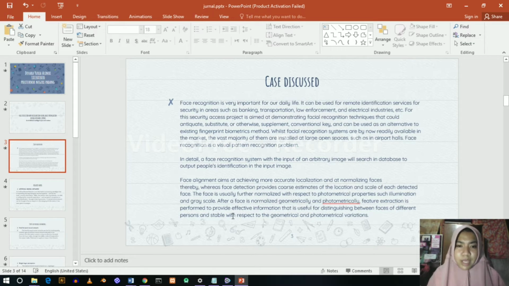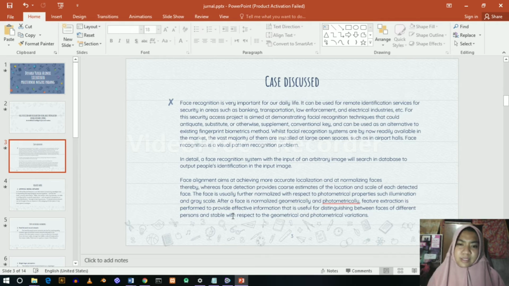Face alignment aims at achieving more accurate localization and at normalizing faces in 3D, whereas face detection provides a coarse estimate of the location and scale of each detected face. The face is usually further normalized with respect to photometrical properties such as illumination and grayscale.